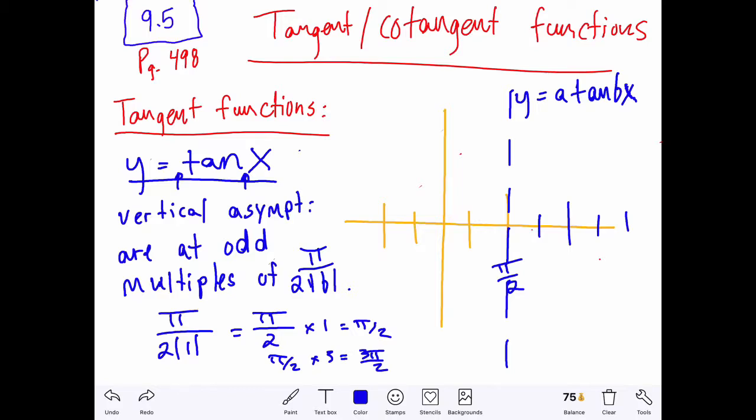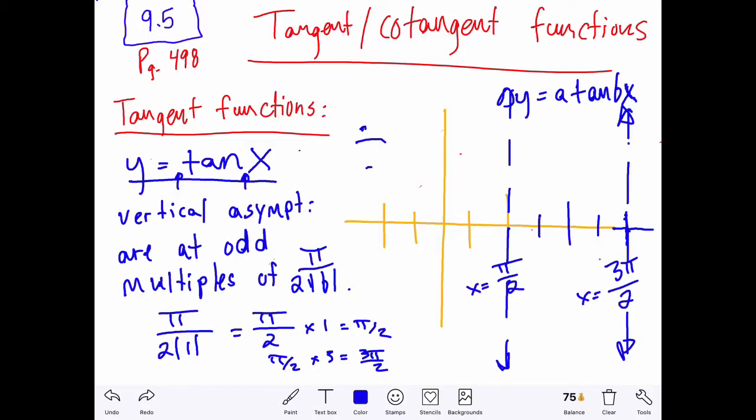I extended my graph. Three pi halves. And I can go ahead and dot that in. Again, draw those asymptotes first: x equal to pi halves, x equal to 3 pi halves.